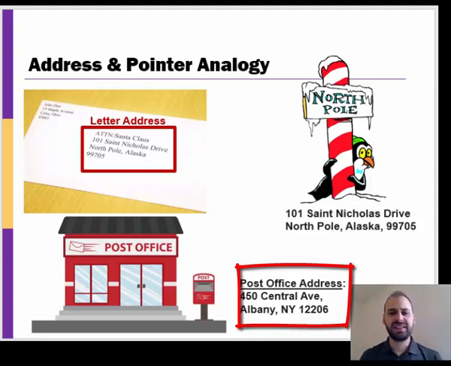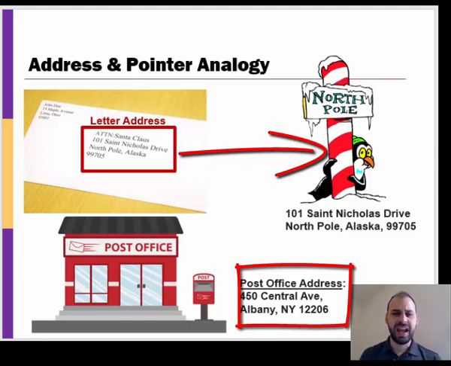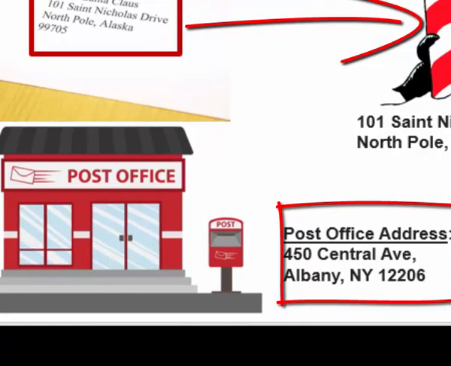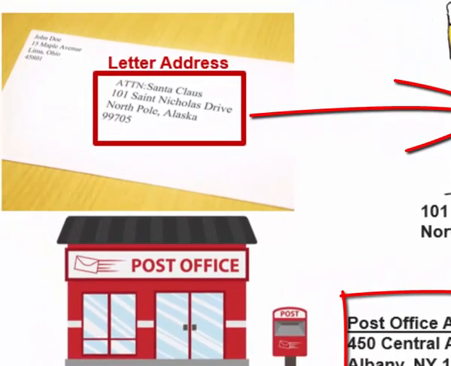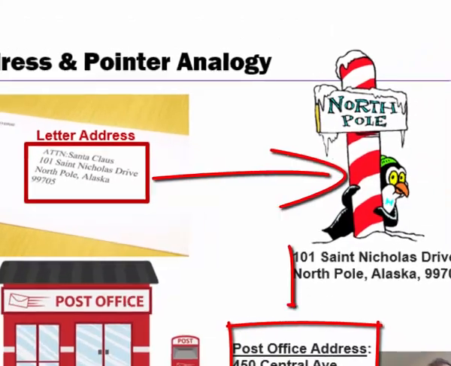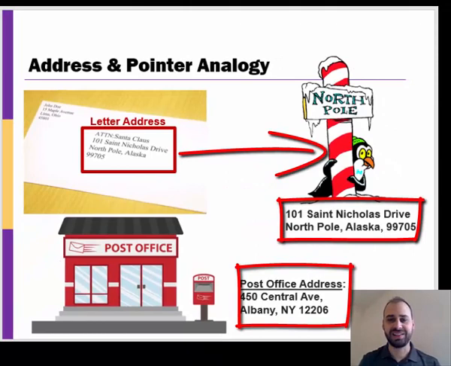This letter is going to get mailed to an address, right? This address on the letter is not where the letter currently physically resides. The letter is at the post office in Albany, New York, and it's pointing to the address where it needs to get delivered. The address in this analogy is pointing to North Pole, Alaska.